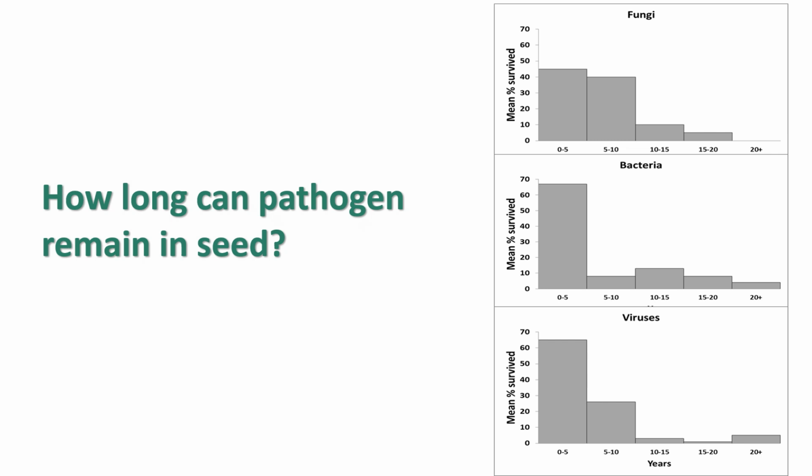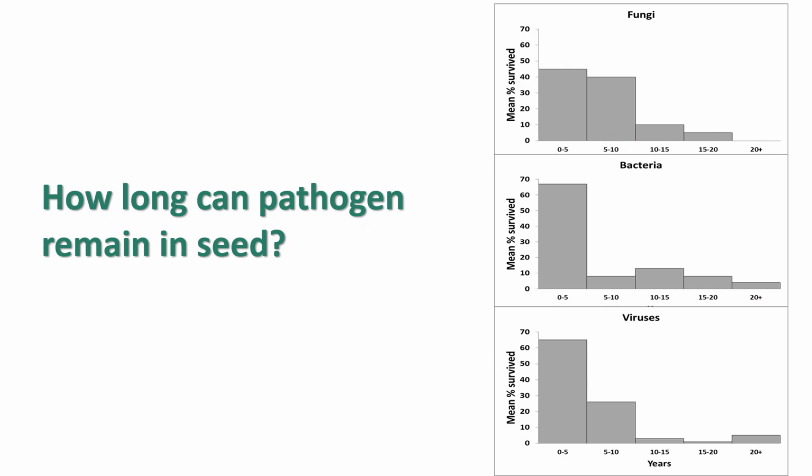They can remain a hidden reservoir of disease across generations. In summary, the survival capacity of pathogens differs greatly between fungi, bacteria, and viruses, but all of them demonstrate that seeds can carry viable pathogens for extended periods, and this emphasizes the importance of careful seed health testing.